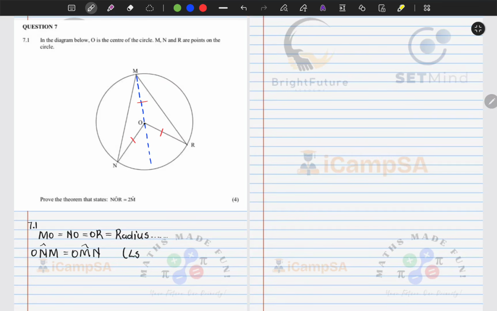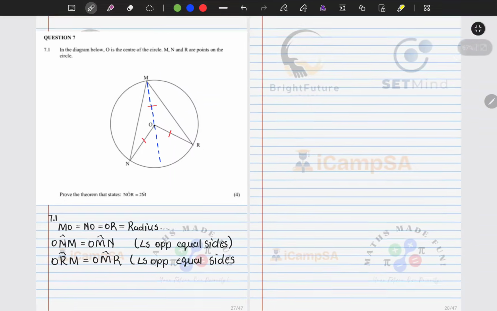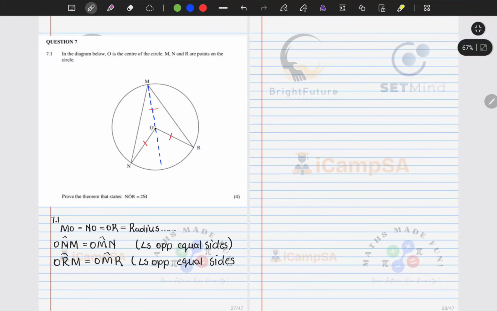Someone else would have said angles opposite equal sides. Okay. Then even on the other triangle, you will see that ORM, that angle will be equal to OMR. And this is angles opposite equal sides. Okay. This is very easy for you to figure out.